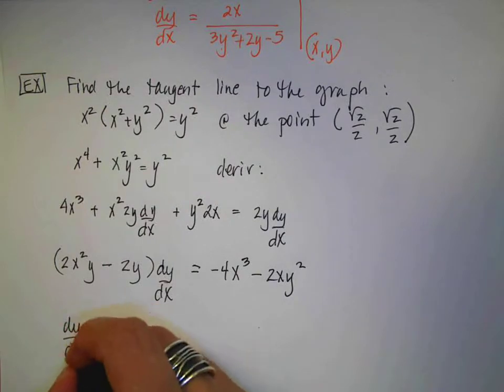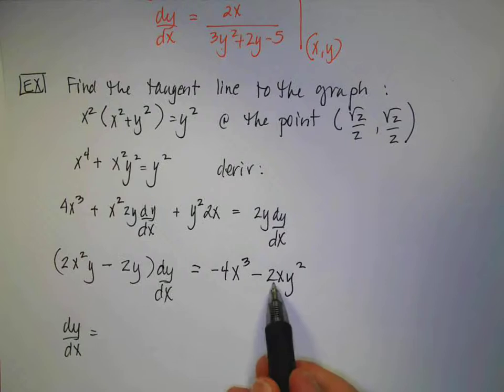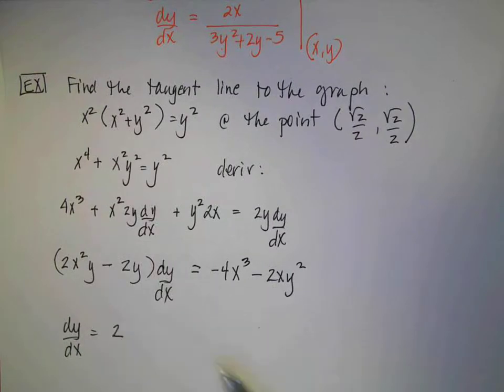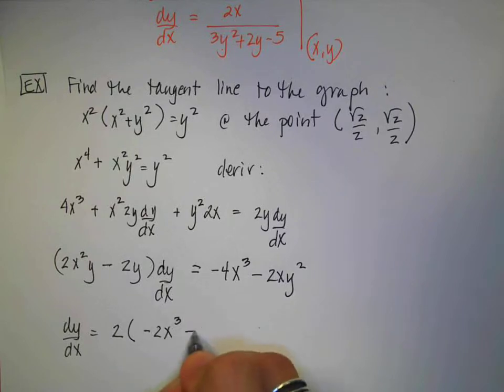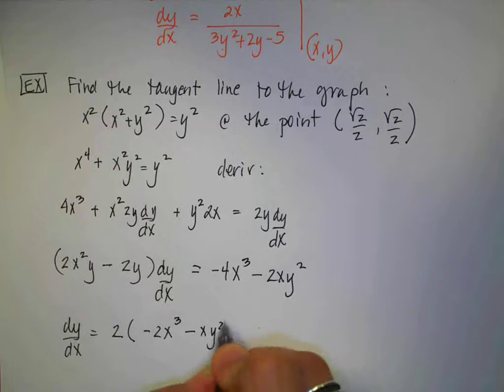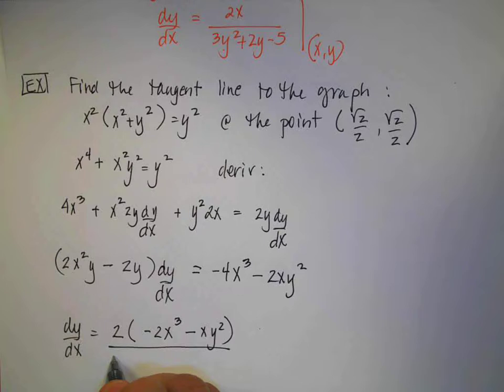Now I'm still going to solve for dy/dx, so dy/dx is going to equal, and I'm going to factor a 2 out over here just to make life a little bit simpler. So I'm going to get negative 2x cubed minus xy squared, because these all have 2's in them.